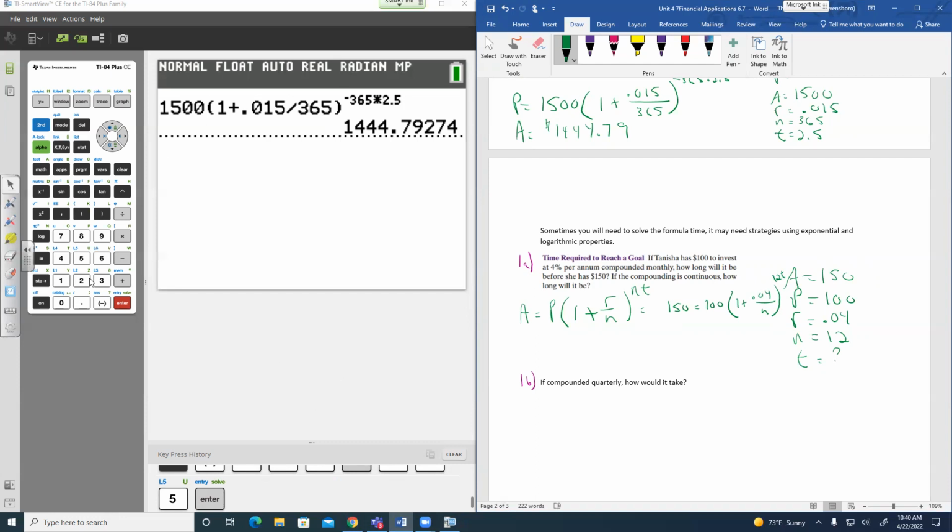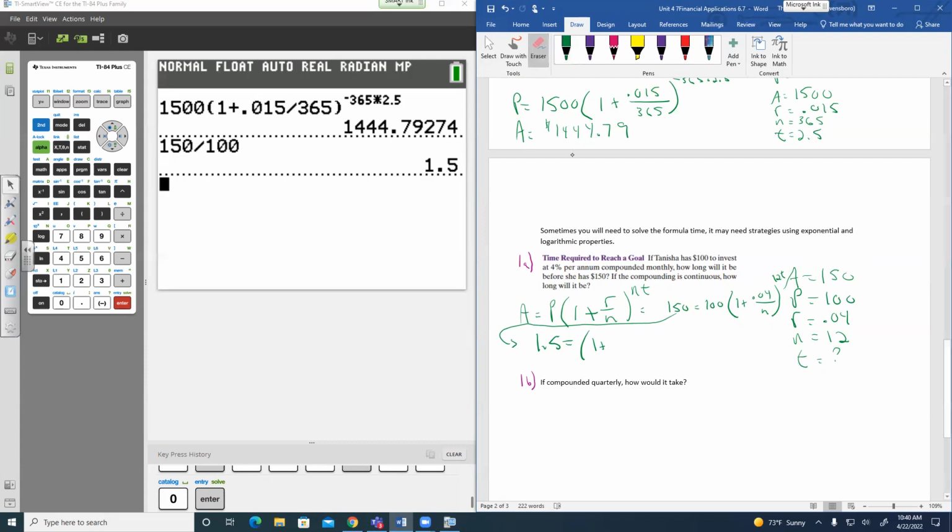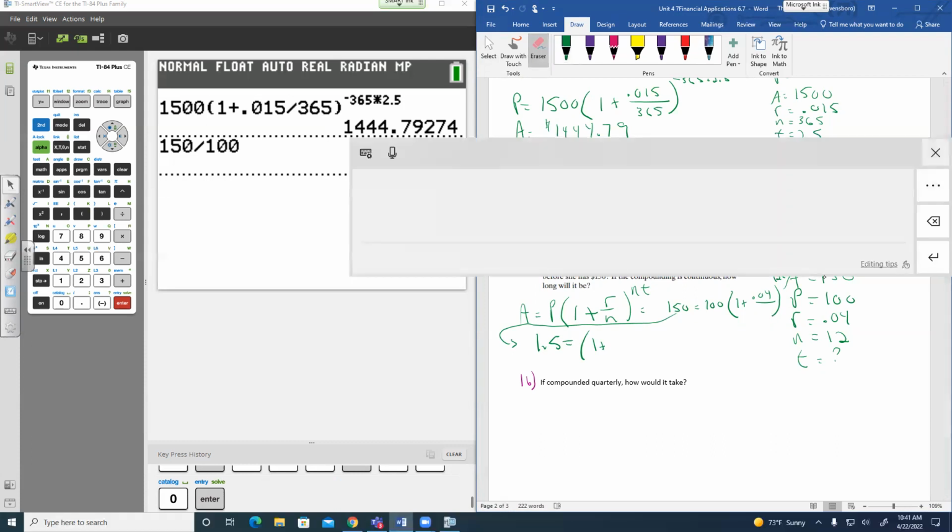I'm going to divide both sides by 100 to start with to get that out of the way, because I really can't work out the right-hand side because we don't have everything. So I can rewrite this as then, I'm going to bring this over here, give myself some room. So this is going to be 1.5 equals then 1 plus, and again, n we said was 12. So let me clean that up too. We actually knew that was 12.